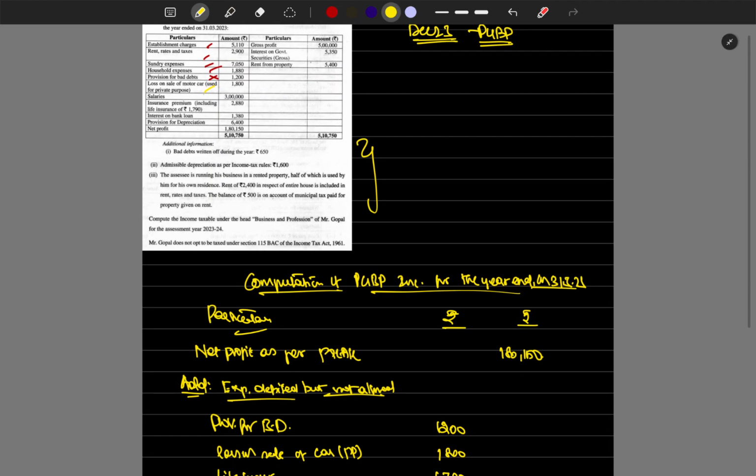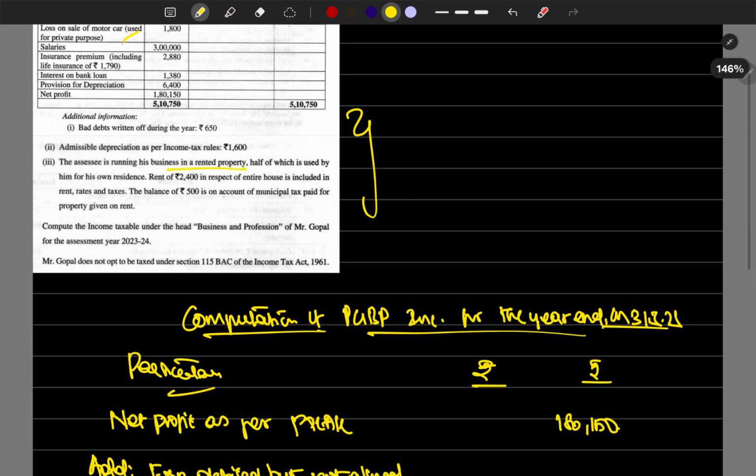The next thing: the assessee is running a business in a rented property, half of which is used as his own residence, and rent of 2,400 in respect of the entire house is included.